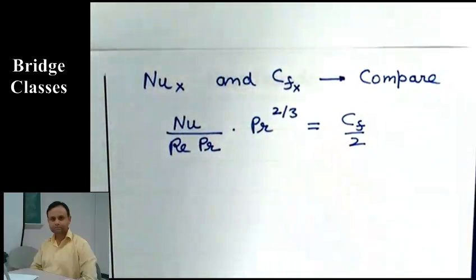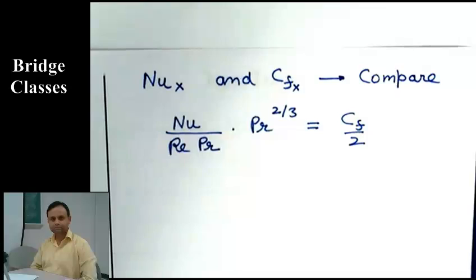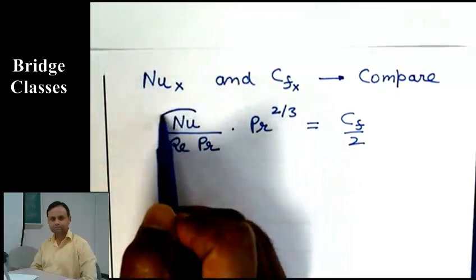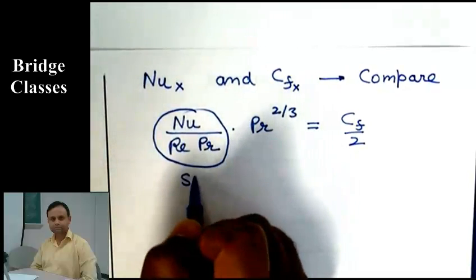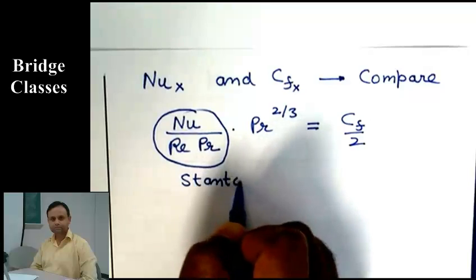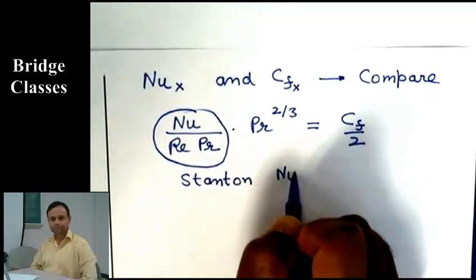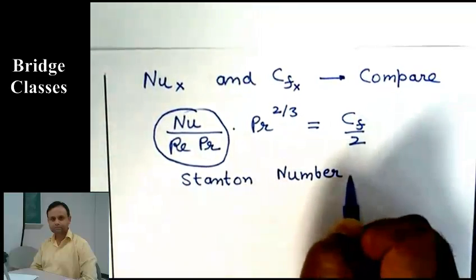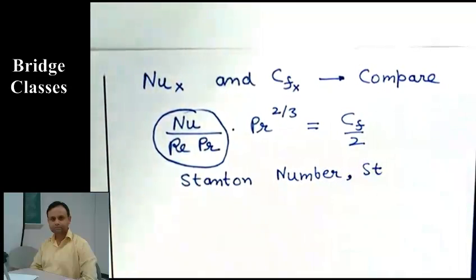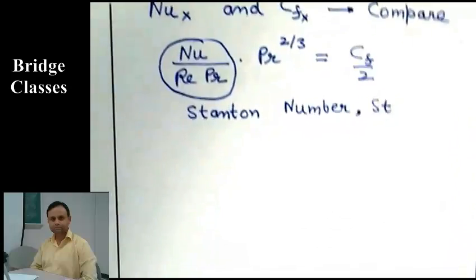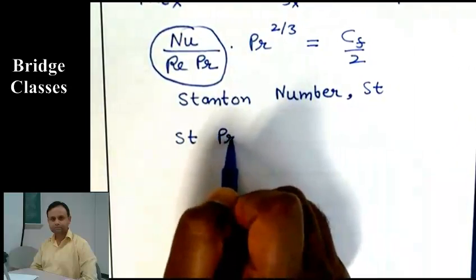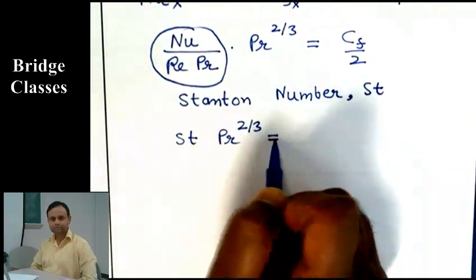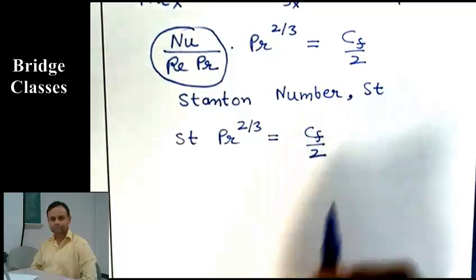We find this just by comparing them. And this thing, Nusselt over Reynolds Prandtl, is called the Stanton number. We write that as ST. So you get Stanton times Prandtl to the 2/3 equals CF by 2.